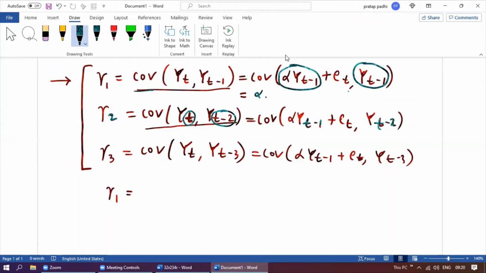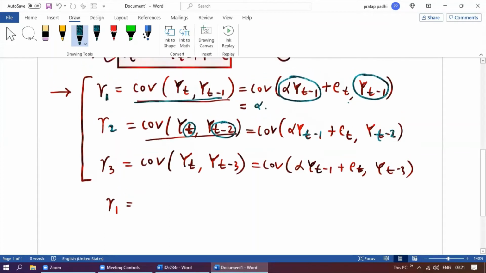If you see left hand side also, I have written 1 here because covariance yt minus 1 I have written. If I write covariance yt, this will be gamma naught. If I write covariance yt minus 1, that will be gamma 0. So you will get gamma 0 here, and the second one is 0 anyway.